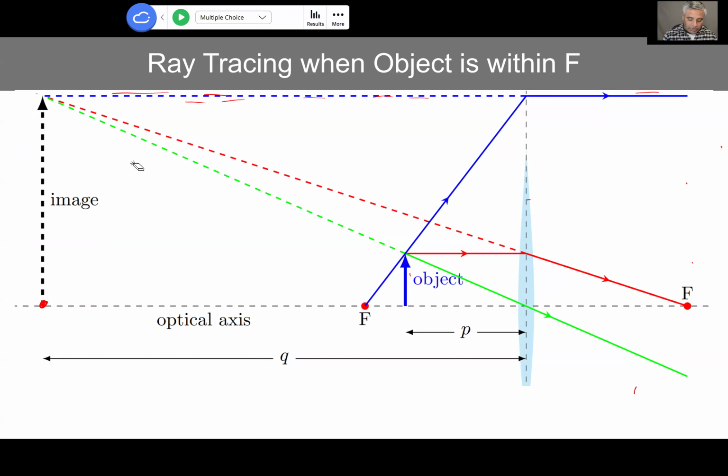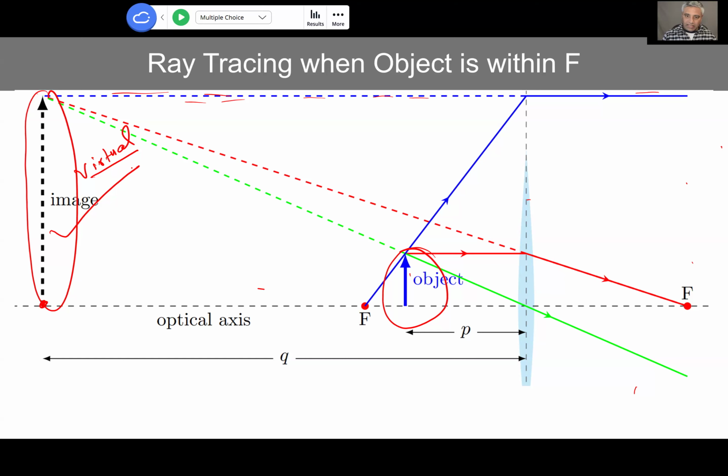Virtual images point in the same direction the objects are, and in this case this image is way larger than the object is. We call this a magnified virtual image: upright, magnified, and virtual.